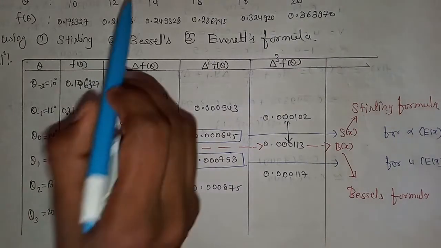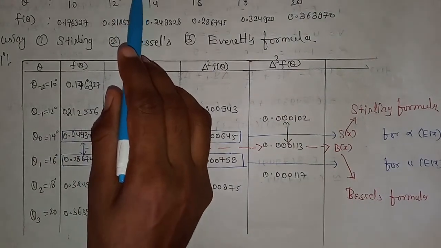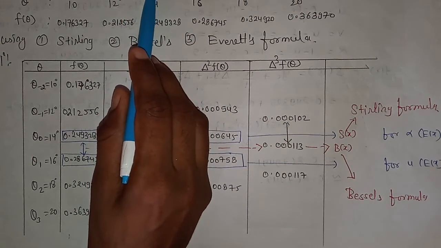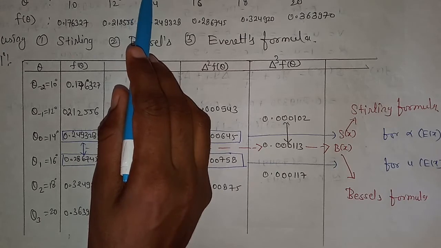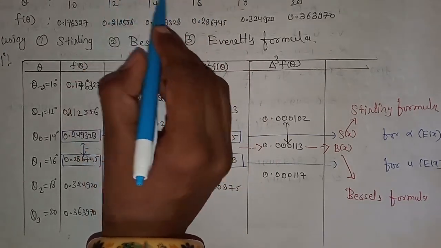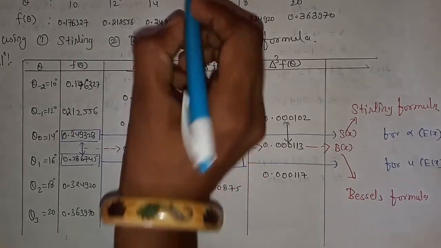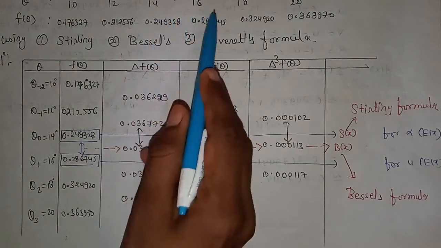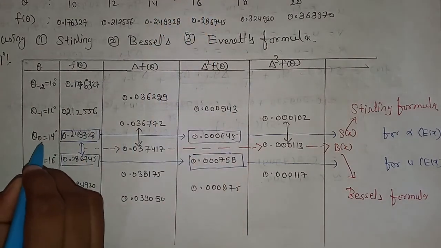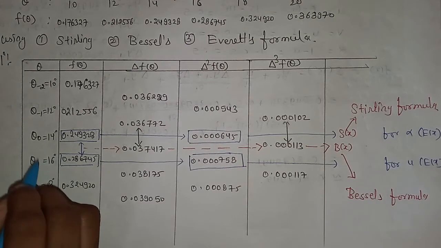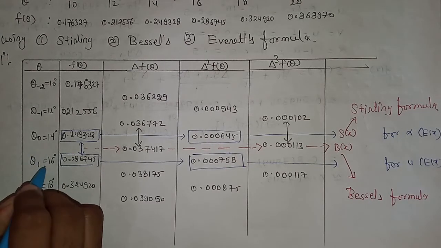Here, they are asking us to find the value for theta equal to 15 degrees, or we can say the entry for theta equal to 15 degrees. We will see that 15 degrees lies somewhere between 14 and 16. So since 15 lies between 14 and 16, we will select theta naught as 14 degrees and theta 1 as 16 degrees, because we have to calculate everything between theta naught and theta 1.